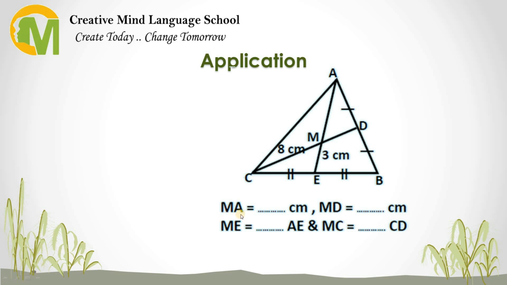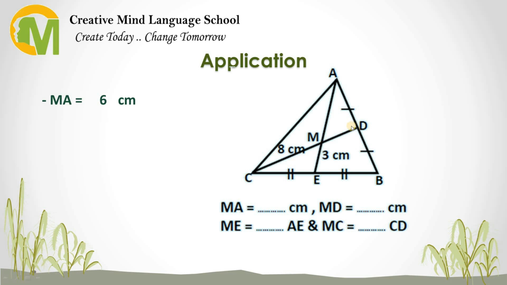Now let's move on to the points we need to answer. First, we want to calculate the length of MA. MA is the part of the median from the vertex, and as we know from the rule, it is double the part from the base. And if ME equals 3 cm, then MA is double that length, which is 6 cm. Then MA equals 6 cm.